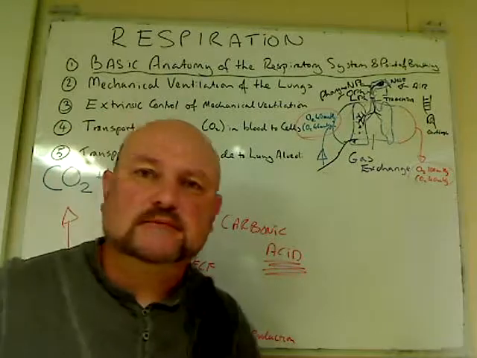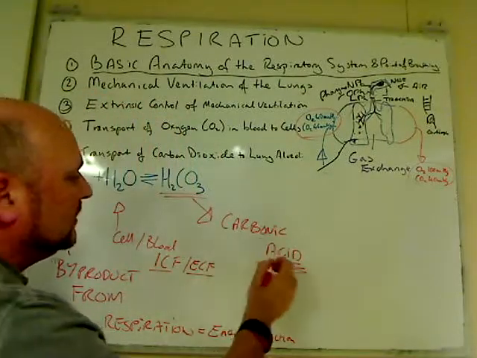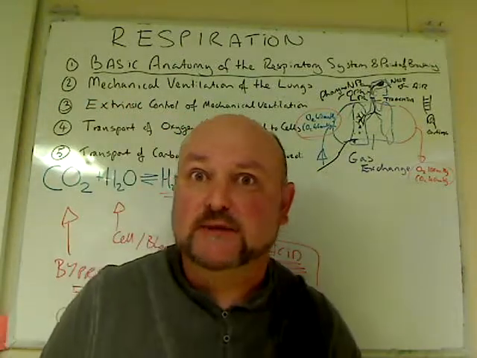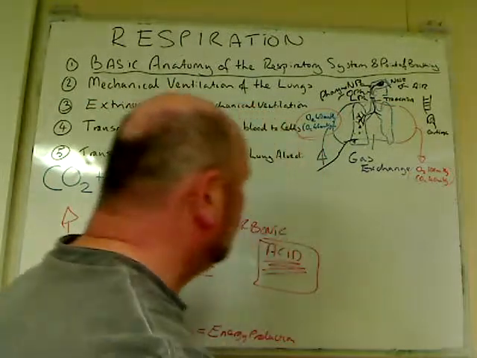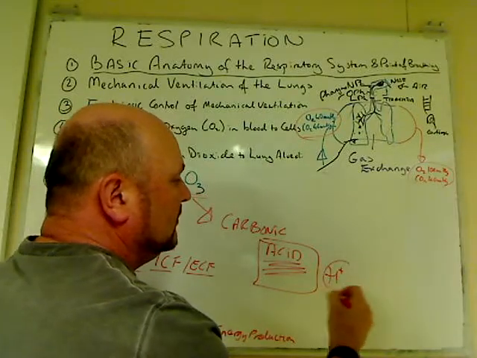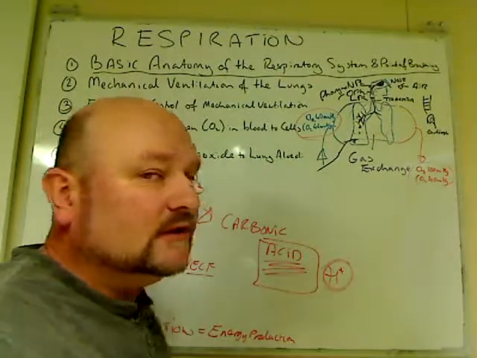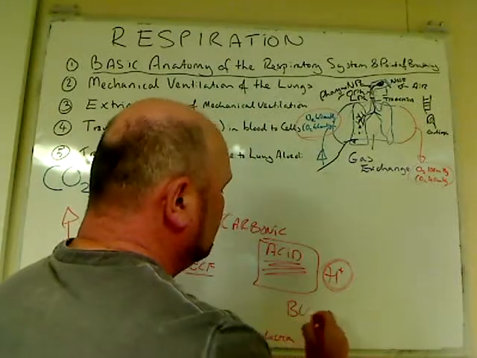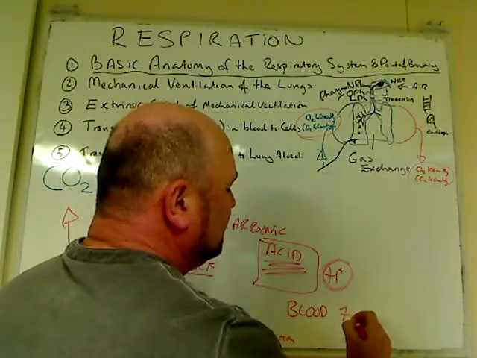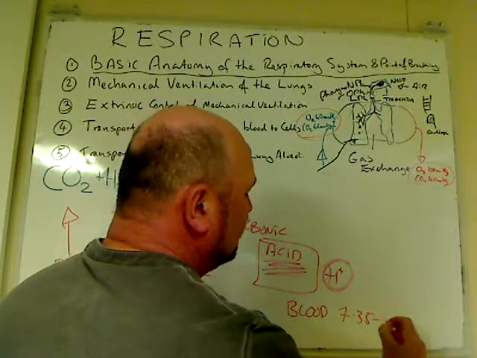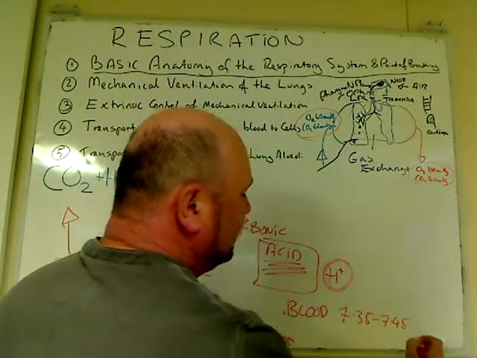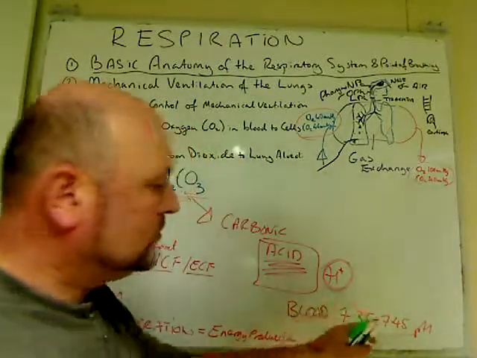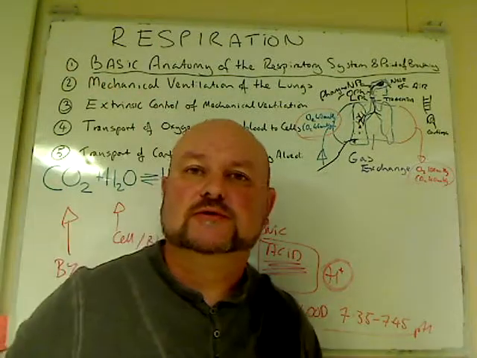I'm going to do this again. Carbonic acid. Acid, remember from your chemistry? Hydrogen ions. Also remember that the blood pH is 7.35 to 7.45 in pH. So very tightly controlled.